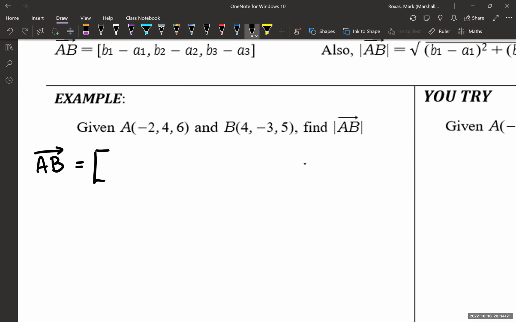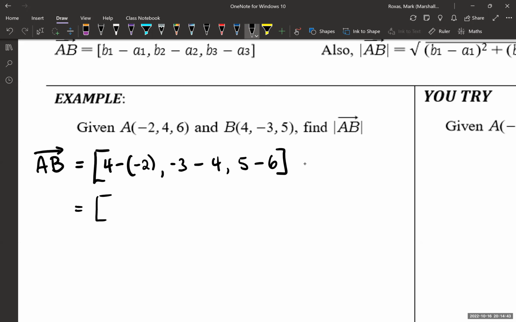Just think of the second point minus the first point, each of their components. So B, 4, take away the x component of A, take away -2, comma, the y component, B is -3, take away the y component of A, which is 4, and z for B is 5, take away the z component of A, which is 6, and then I simplify.